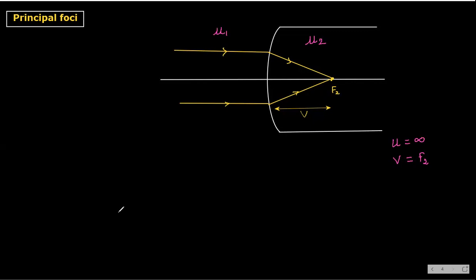Now, let's move ahead. In the last class, we have learned the refraction at curved surface formula. What is that formula? mu2 by v minus mu1 by u is equal to mu2 minus mu1 divided by R. Yes, this formula we have learned.